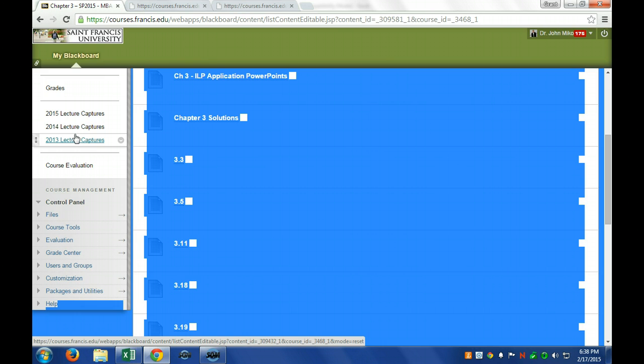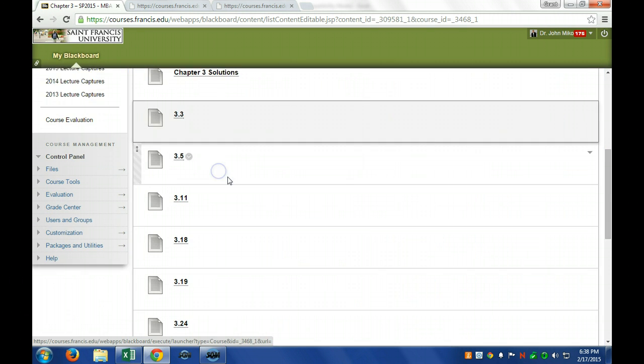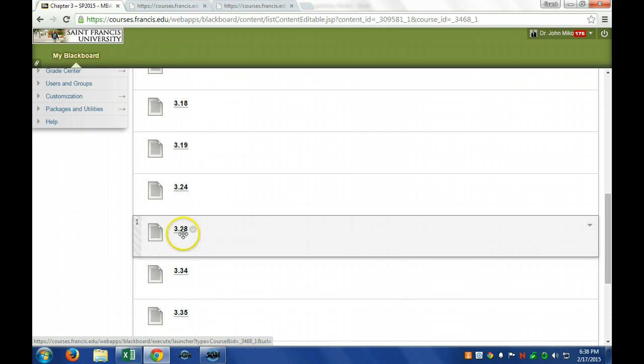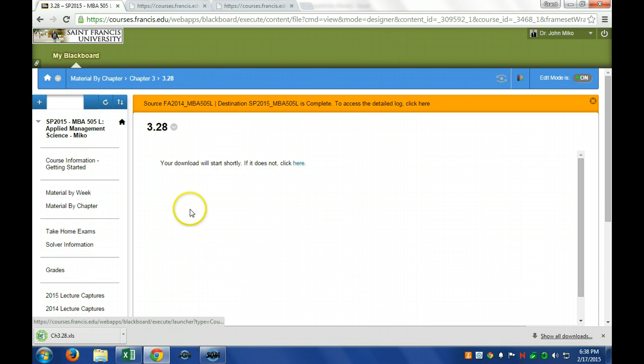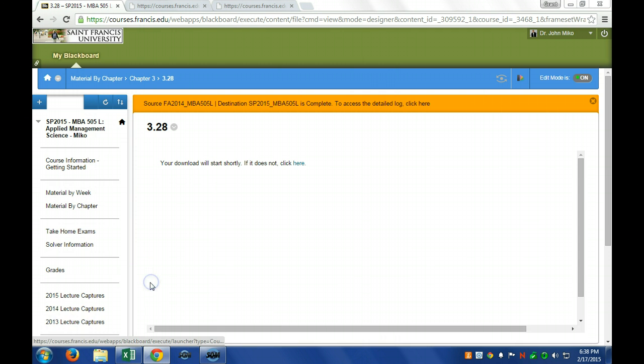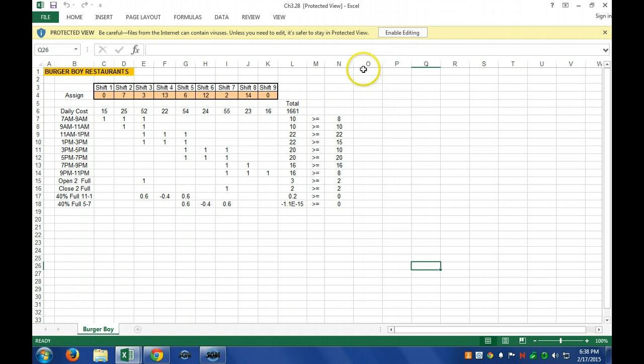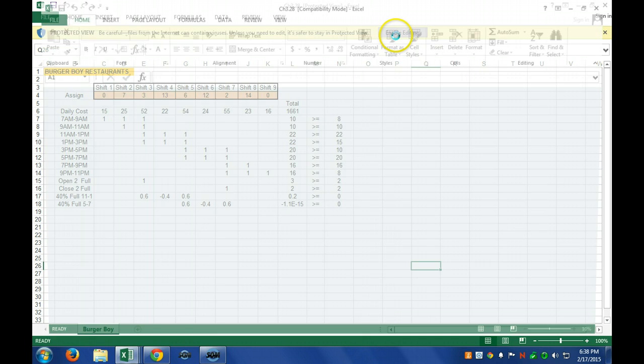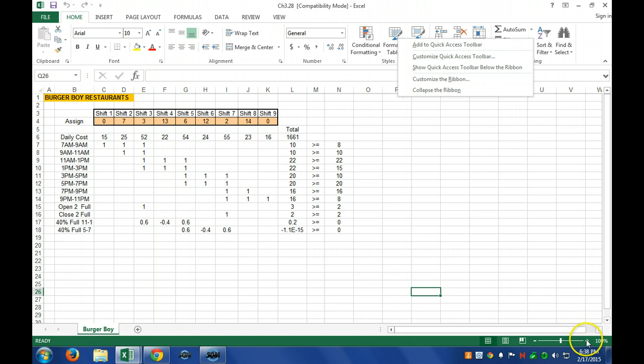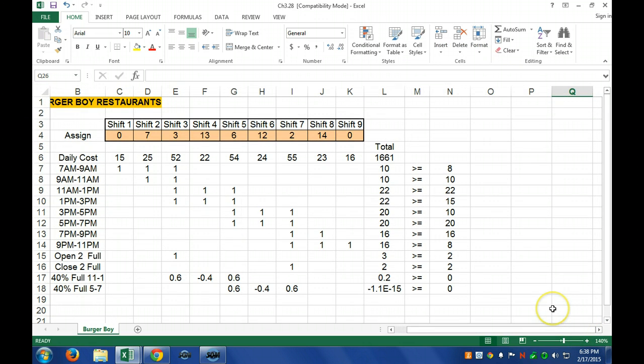All right. Let's take a look at this one on Excel. So if we look, okay, it has 9 decision variables, exactly what we have.